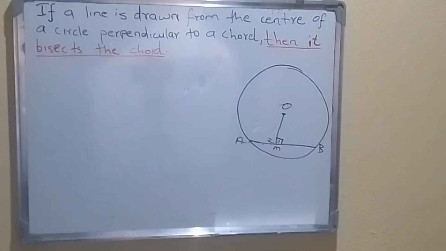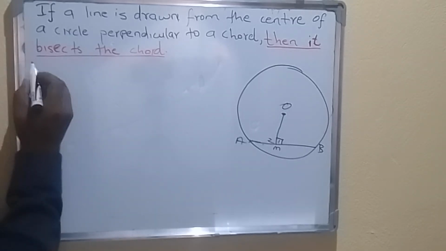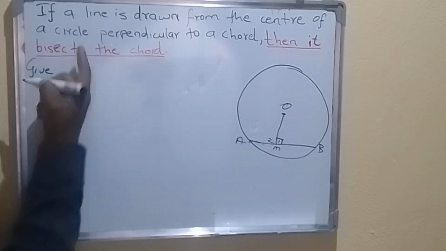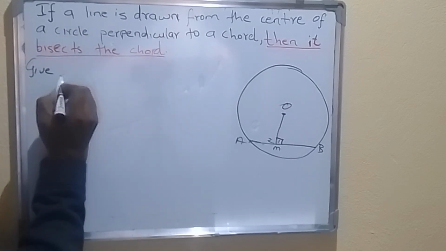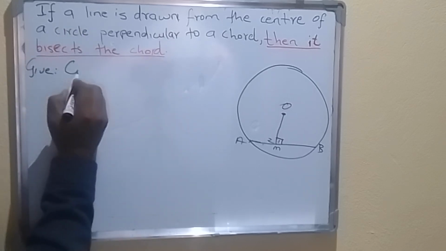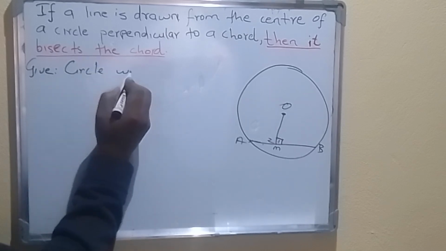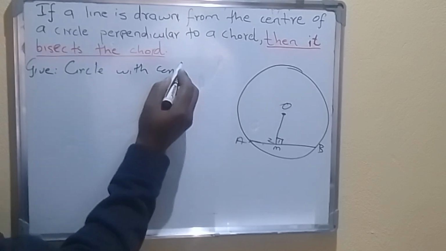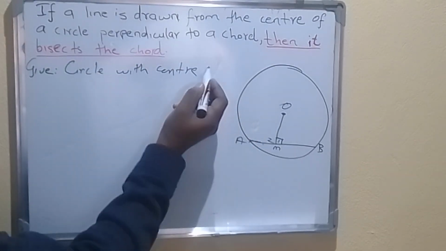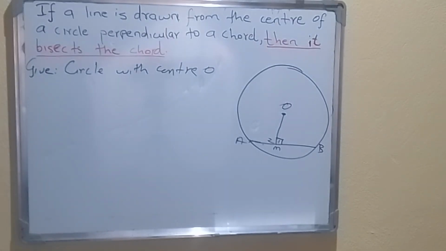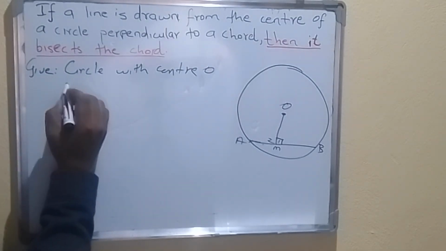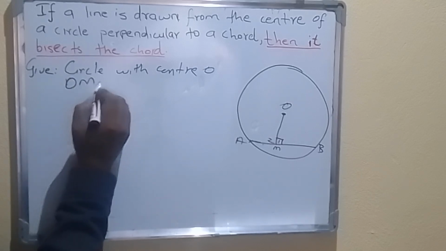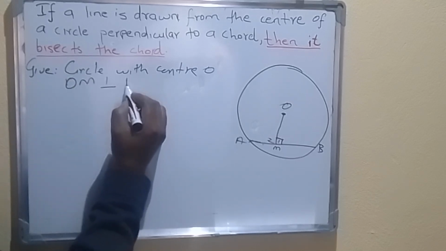So the given information will be, by the if part, we're given a circle with center, let's say our center is O, where OM is perpendicular to AB.